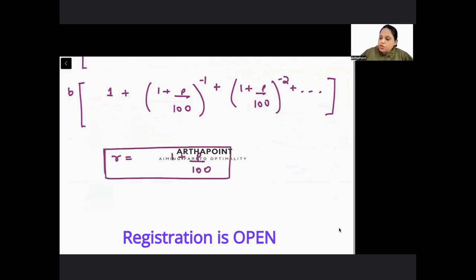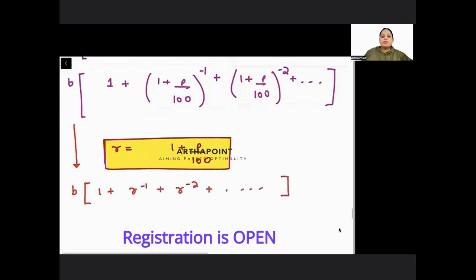R is my common ratio and it's represented by 1 plus P by 100. ठीक है? So what will happen? What will I get? B 1 plus R to the power minus 1, R to the power minus 2, and so on. Okay.